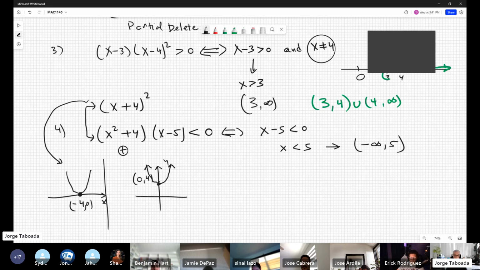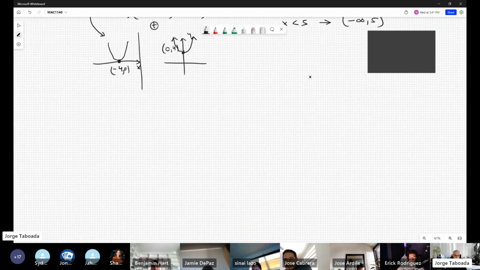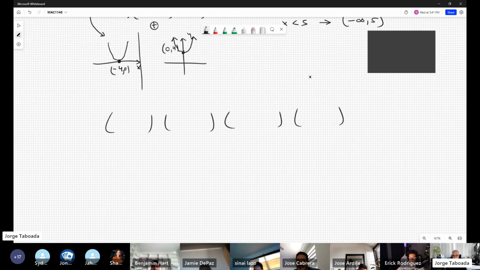Let me try to summarize. When you have factors, okay, good. Look, suppose we have a collection of factors, and you put it here greater than 0. And you have the factor x minus 3, you have the factor (x minus 5) squared, and you have the factor (x minus 4) squared.